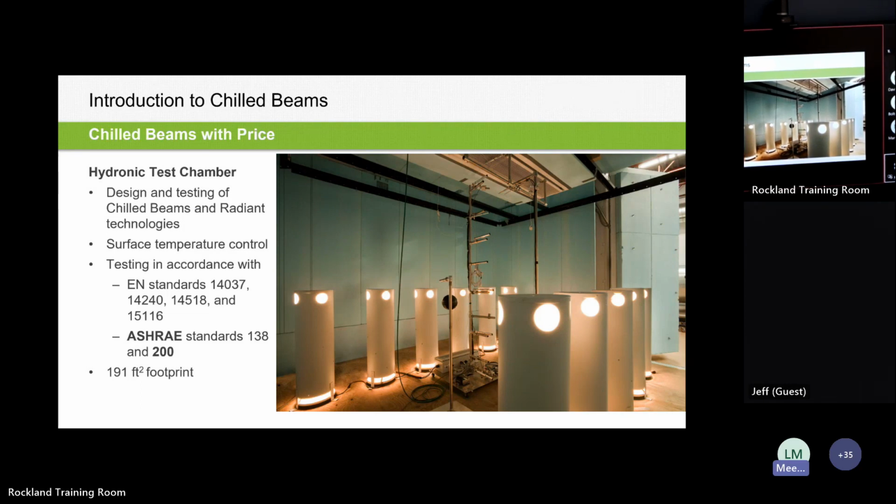If you've got unique needs or maybe a client that hasn't used chilled beams, but they want to investigate it and see it in action, we could take them to projects nearby or utilize our hydronic test chamber, which is essentially a walk-in cooler with radiant panels everywhere in the space, and that's really dictated by ASHRAE 200 and other standards for radiant and chilled beam testing requirements. So all of our catalog test data is tested within this chamber that we have up in Winnipeg.